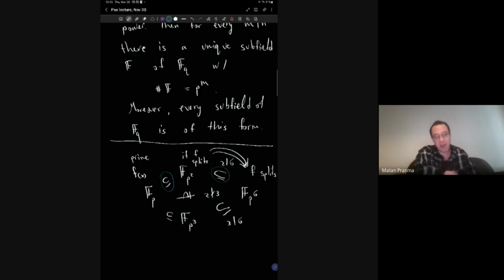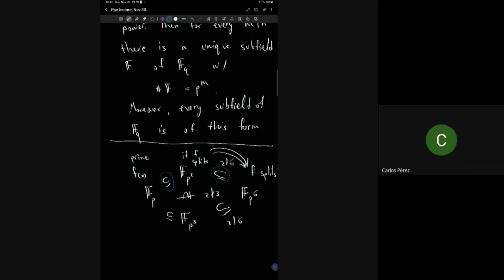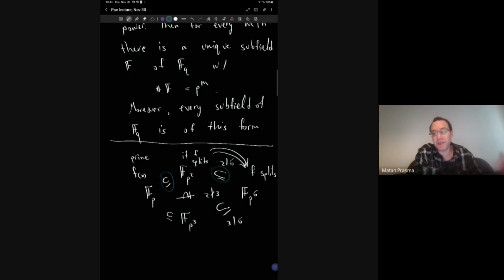Then you get more roots, and you continue until you get all the roots. That's basically how we constructed the splitting field, right? We did it in stages.